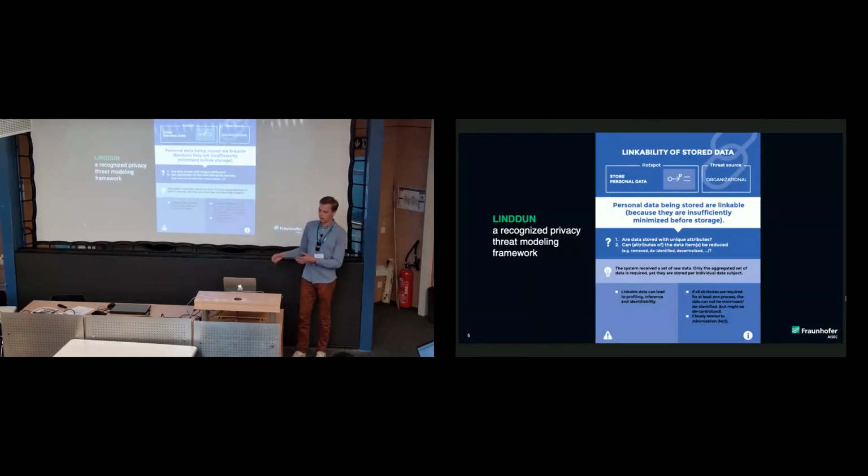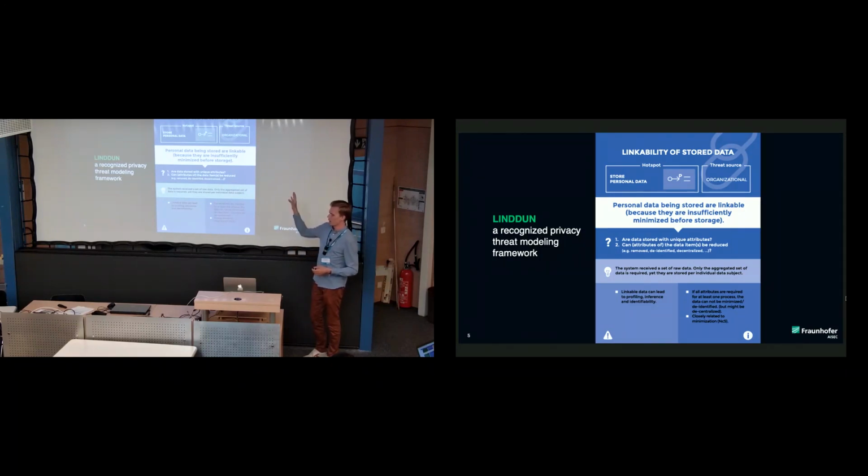Another part is LINDDUN. This is a privacy threat modeling framework that defines, I believe, 34 concrete privacy threats. So this is just one example, linkability of stored data. So this is organized in these kind of cards that will help development teams and analysts to look for privacy threats in their designs.